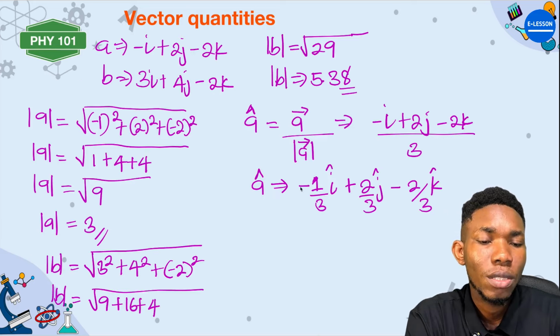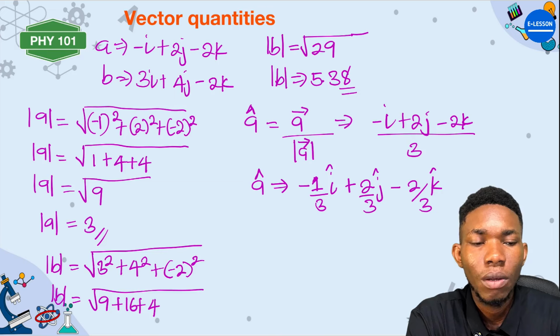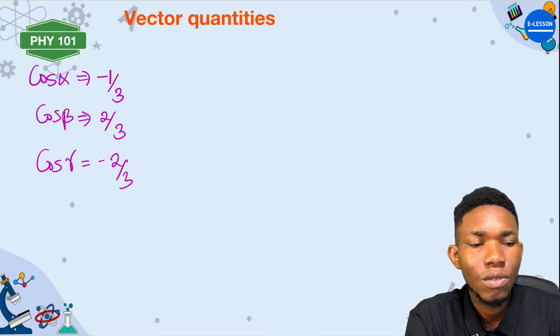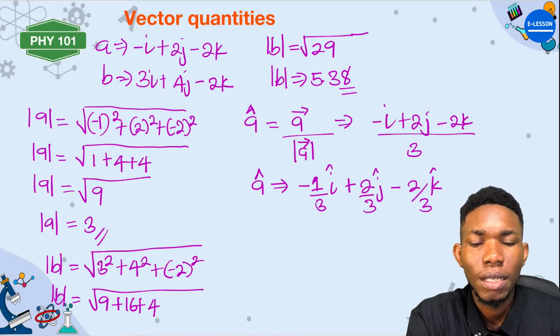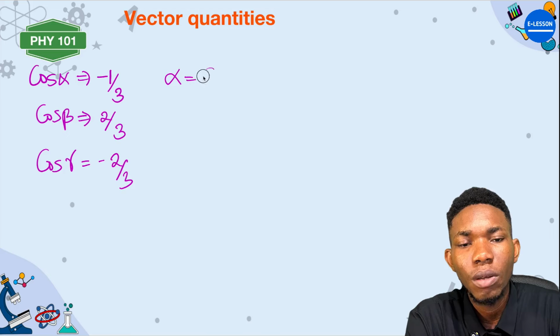You just put cos, then for each of these unit vector components you have here, find their angle. And then this other one will be cos gamma, which is minus 2 over 3. Now that you've gotten this, what do you do? You press your calculator. To get alpha, it will be the cos inverse of minus 1 over 3.